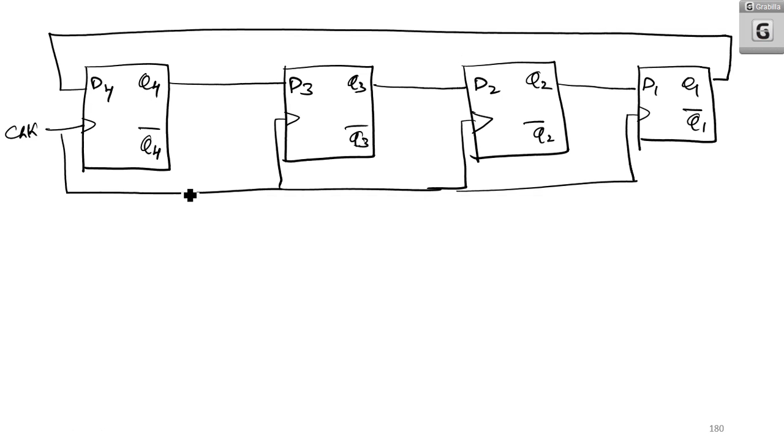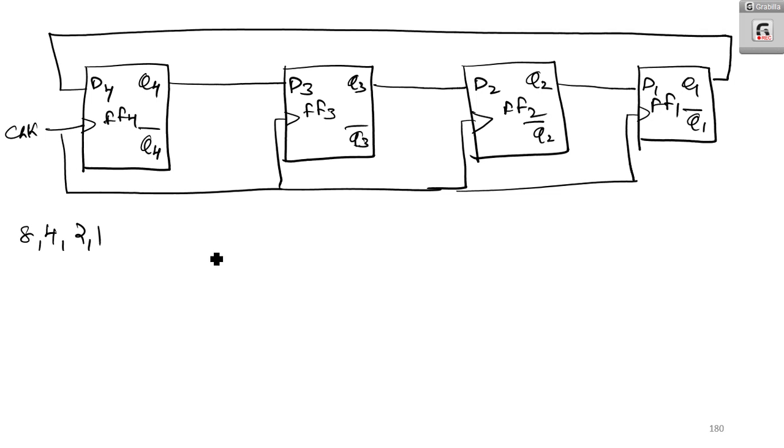So, what happens? This is basically a ring counter. That means the output of the last flip-flop, this is flip-flop number 4, flip-flop number 3, flip-flop number 2, and flip-flop number 1, is fed back to the first one. So, here the valid states are 8, 4, 2, and 1.